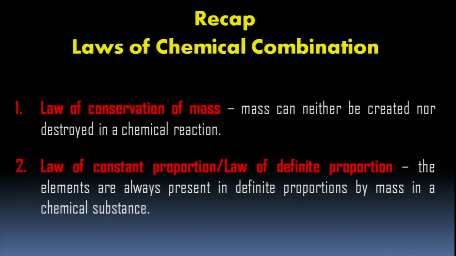The law of constant proportion: the elements are always present in definite proportion by mass in a chemical substance. For example, in water, hydrogen and oxygen are in the ratio 1:8 by mass. I hope you remember all these things, children.